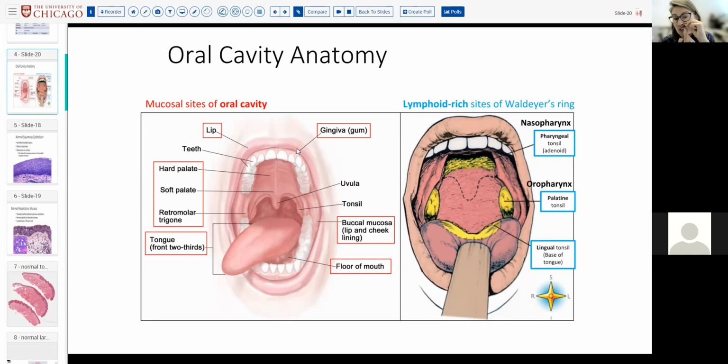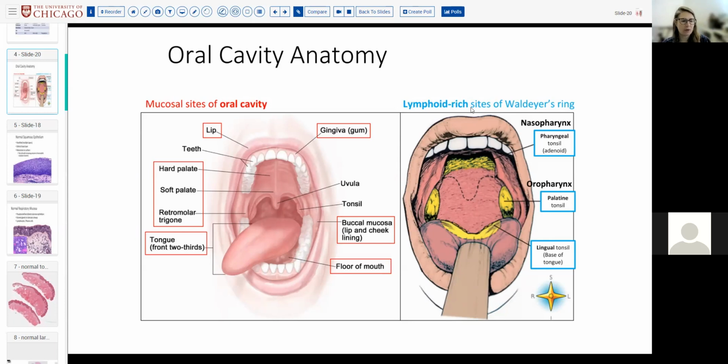Sorry, guys. This is the buccal side of the gingiva, and this is the lingual or palatal side of the gingiva, right? So buccal, lingual, okay? Or depending on where you are, palatal, floor of mouth, okay? Is it closer to the tongue or is it closer to the vestibule? All right, just a couple things to remember.